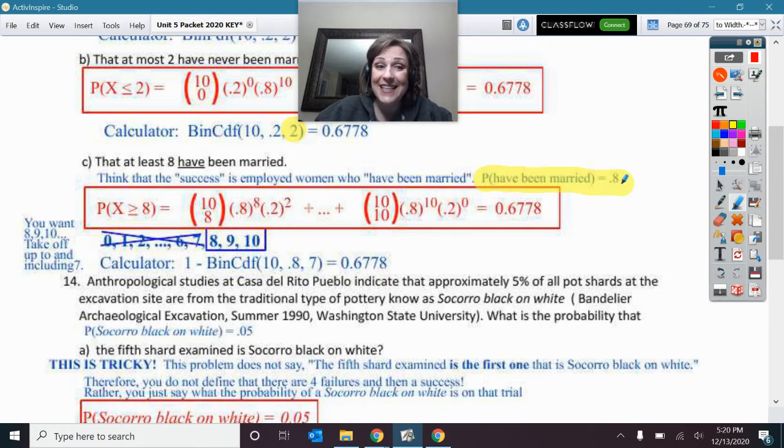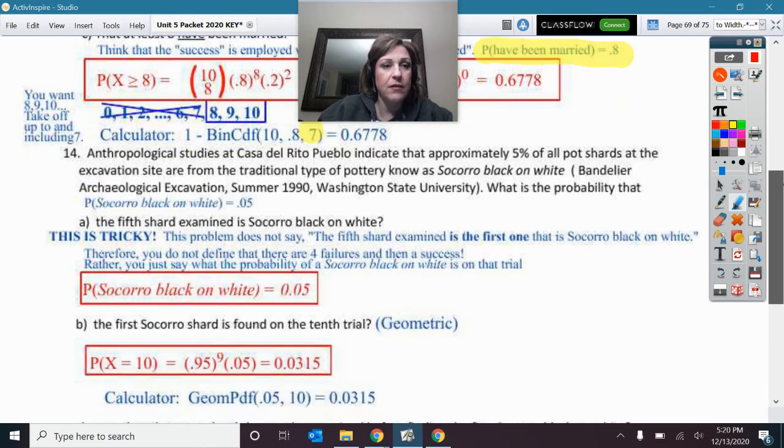So I want at least 8 of these ones that have been married. So I want 8, 9, and 10. You can add PDF of 8 plus PDF of 9 plus PDF of 10, or 1 minus the accumulation of 7 and below. You want to take off 7 and below. And so that's why I have a 7 right here, because that's what I'm taking off.